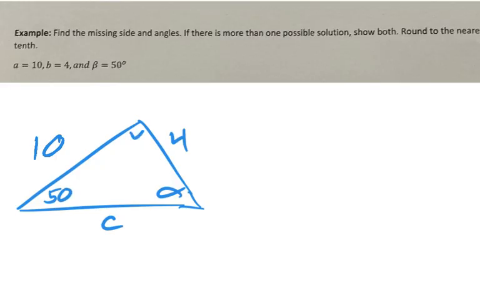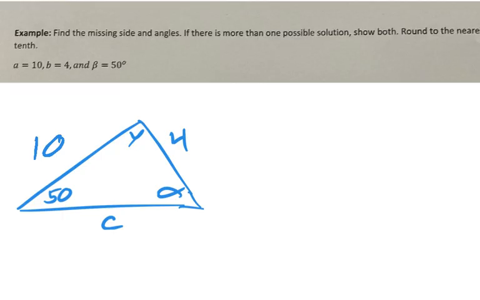I don't know C. I don't know gamma. Can I find the third angle very quickly just by looking up there? No, because I don't know the second angle. So this is one. When I only know one angle, I could have multiple cases.